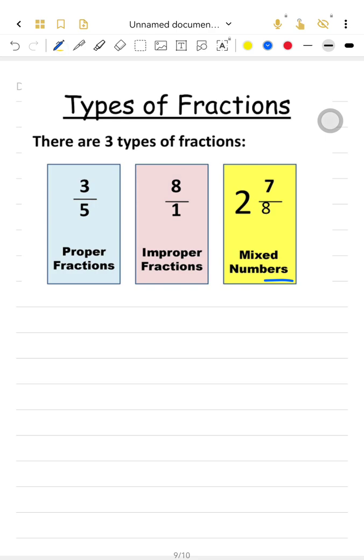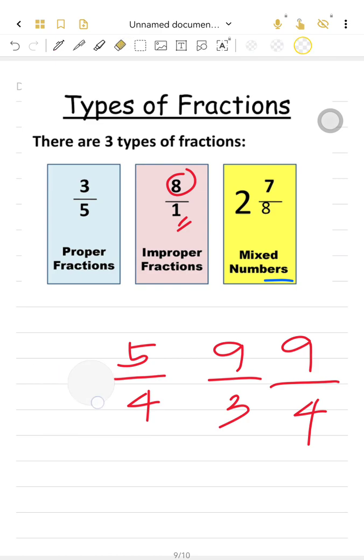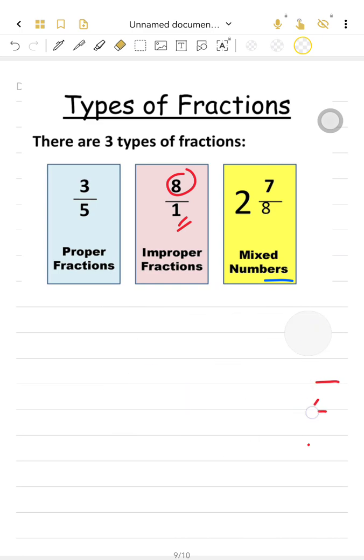So 8 is bigger than 1. Another example of improper fraction, we have 3 over 2, 5 over 4, 9 over 3, or 9 over 4. Okay, as long as the numerator is bigger than the denominator.